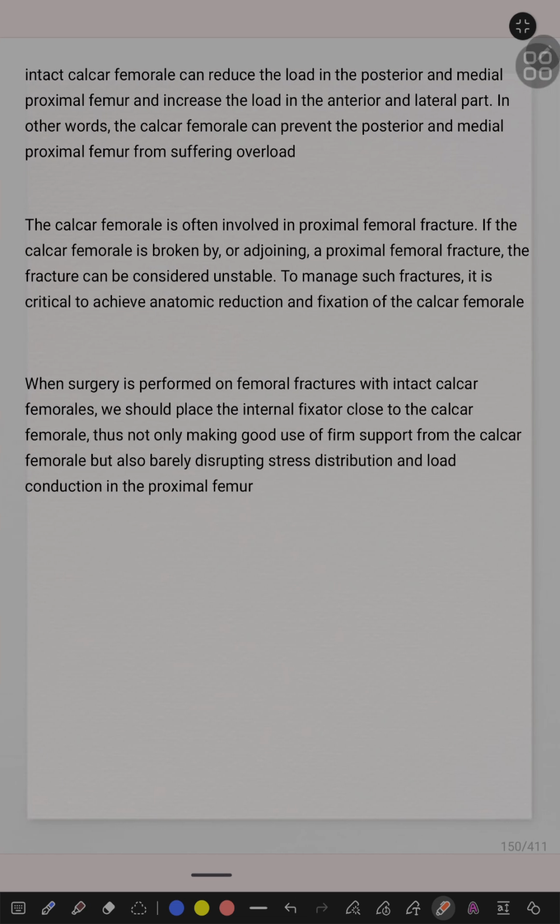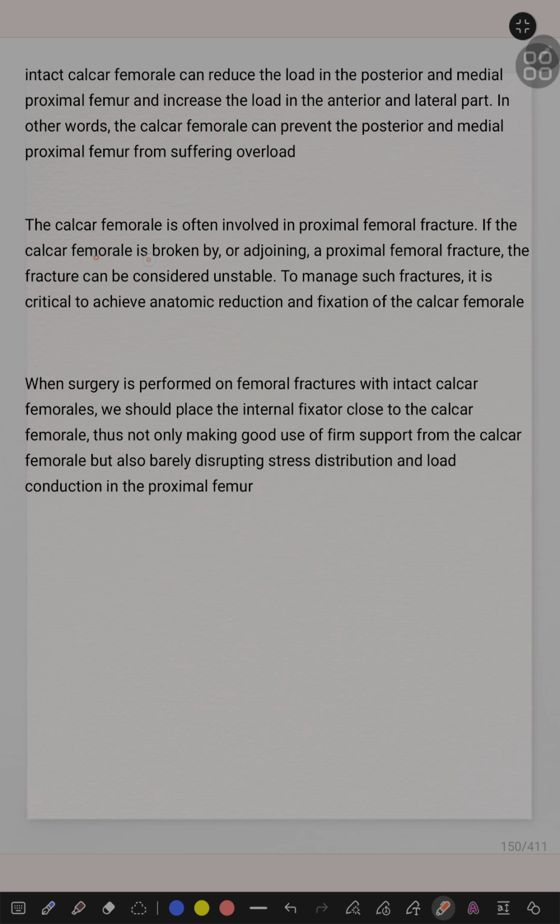Having an intact Calcar Femorale can reduce the load in the posterior and medial proximal femur and increase the load in the anterior and lateral part. As we have already discussed, it transfers the load so that things equalize. That's why the Calcar Femorale can protect the posterior and medial proximal femur from overload. The Calcar Femorale is often involved in proximal femoral fractures.